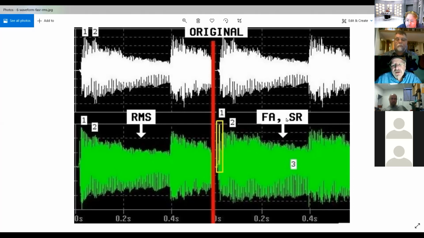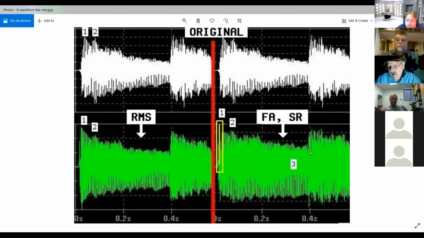Let's look here now. This is a good old standard fast attack envelope follower. You can see now the very first peak that gets through, the transmitter ran screaming out the back door of the building on that first peak because it probably hit 300%. Then it instantly catches and starts controlling the second peak. You'll notice that depending on the release time, I'm increasing my level here at 0.3. There is a little bit of an overshoot right there whenever suddenly the gain goes up again or the volume goes up again.